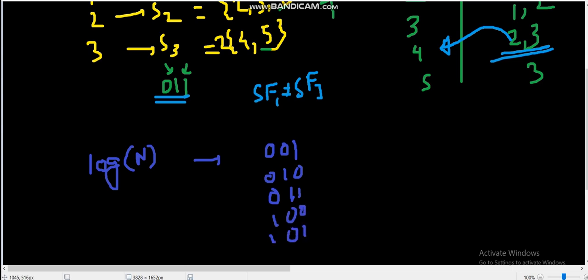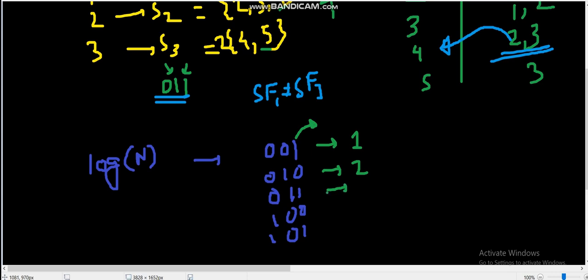So what I am saying is that we'll take the friends as bits. So if the first bit is set, it means we are giving this bottle to the first friend. Now if the second bit is set, we are giving the second bottle to the second friend.